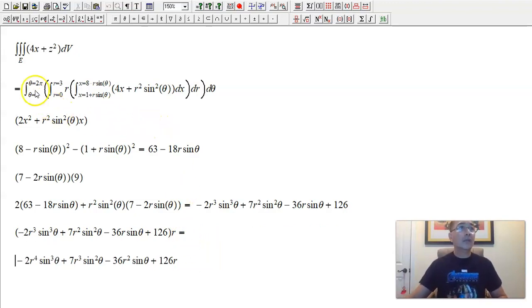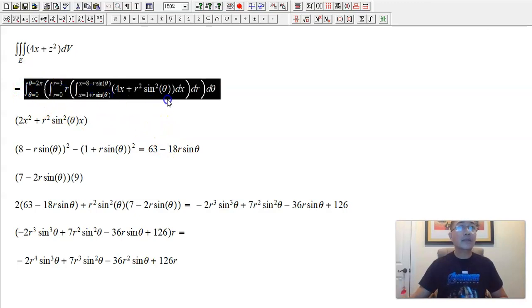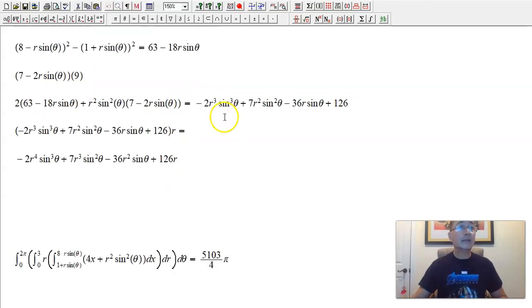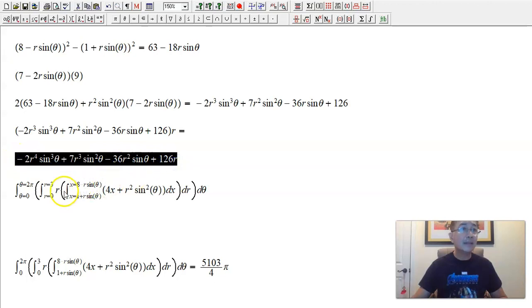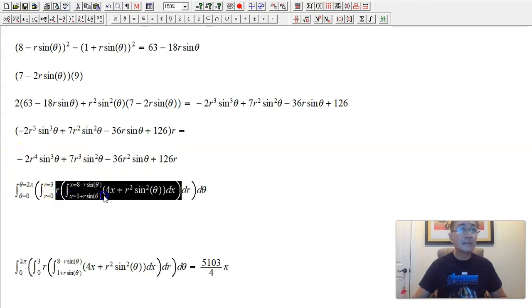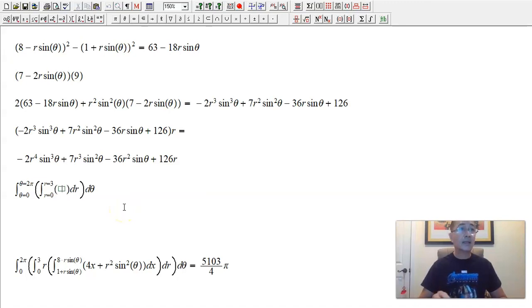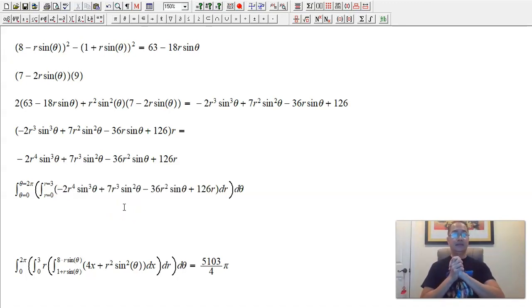So we are ready now to plug that into our double integral. And again, just so we can check, this now goes in here. We will delete that, and we have this. So do we get the same answer?